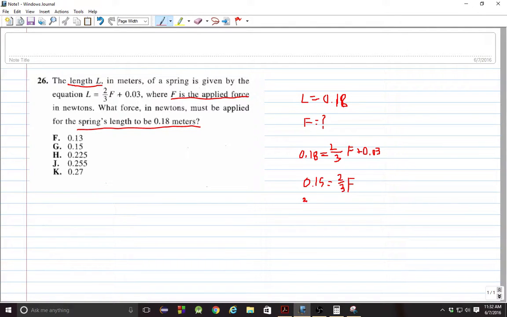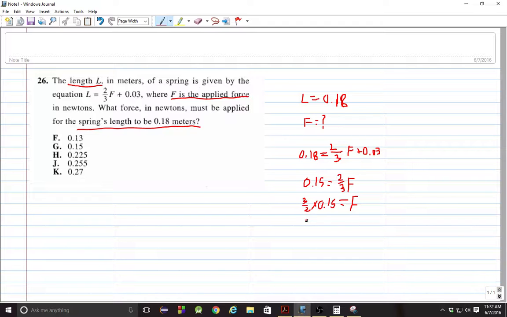So 3 over 2 times 0.15 equals F. So what is F? 3 over 2 times 0.15.